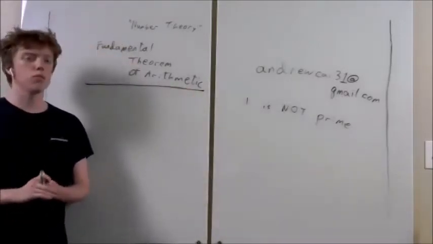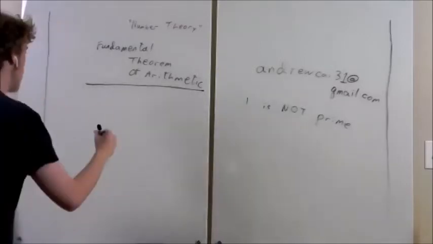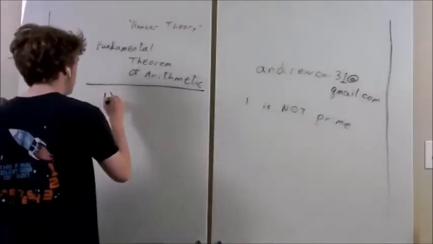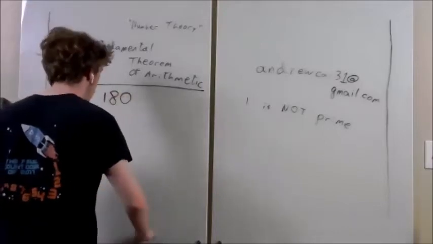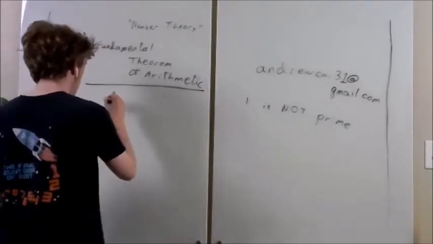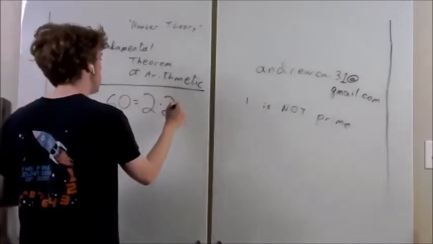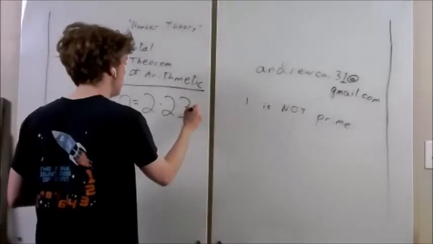Okay, so the fundamental theorem of arithmetic says that any positive integer you can write as the product of prime numbers in exactly one way. So if I have 60, I can write 2 times 2 times 3 times 5.